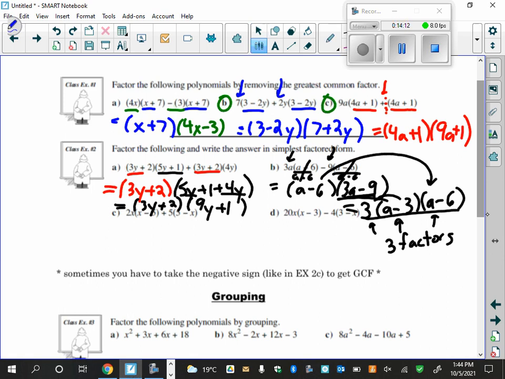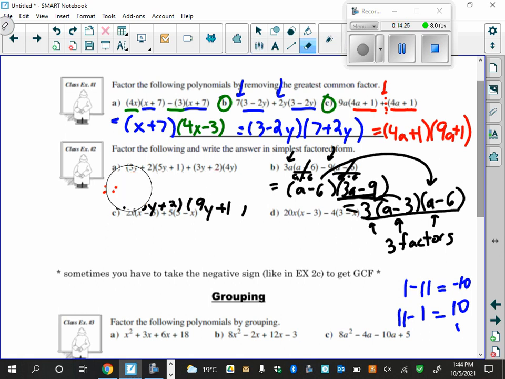If you have 1 subtract 11, 11 subtract 1, one is negative 10, one is positive 10. Okay, the difference is there's a negative sign difference. So if you have something subtraction that is reversed, you have to change the sign before it. So you can flip these as long as you change the sign, and that will make the 10 equal to negative 10.